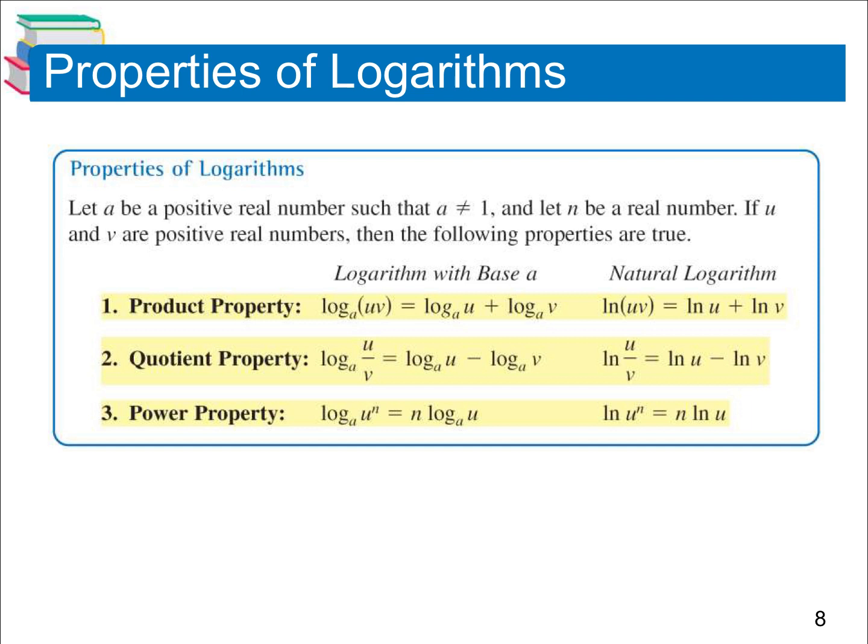Division is interchangeable with subtraction. So if you have the log base of something over something, it's the same exact thing as saying log base of something minus log base of something. And then what you've seen already is when you have the log base of a number raised to a power, that power moves to the front of that log.